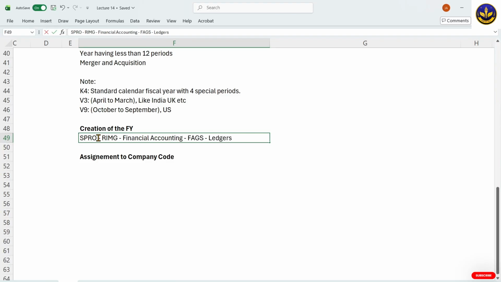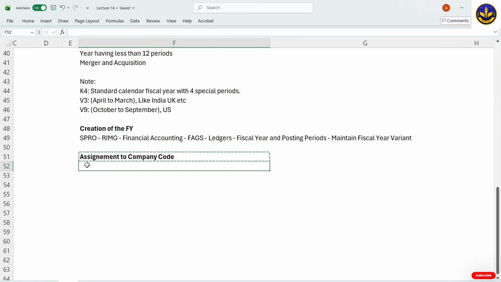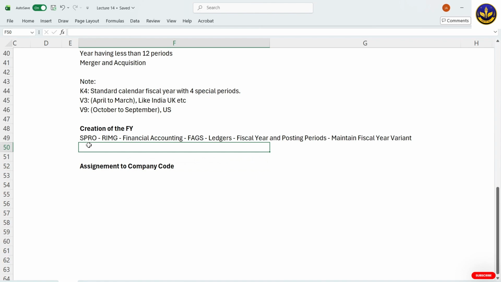Then ledgers, then fiscal year and posting periods, and then finally maintain fiscal year variant. In our previous videos I have told you multiple times that for each path we also have a shortcut, which is known as the T code or transaction code. The transaction code is OB29. You can directly jump to the screen for the creation of the fiscal year using the T code OB29.